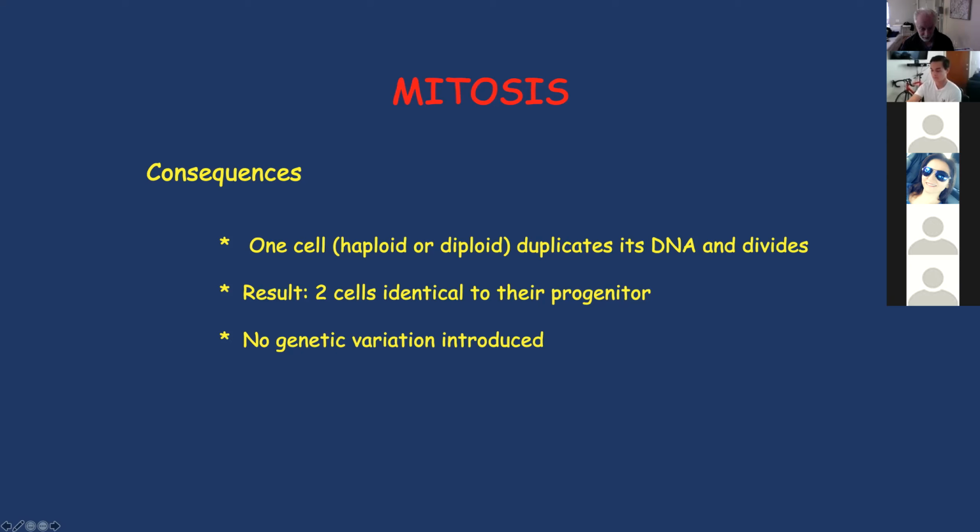And then it divides. So the result is 2 cells that are identical to their progenitor. One cell just becomes 2, and there's no genetic variation introduced. One of the keys to mitosis is just that. You get an exact copy of the starting material.